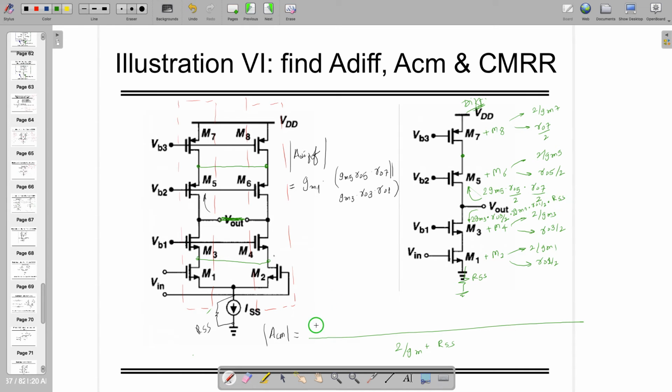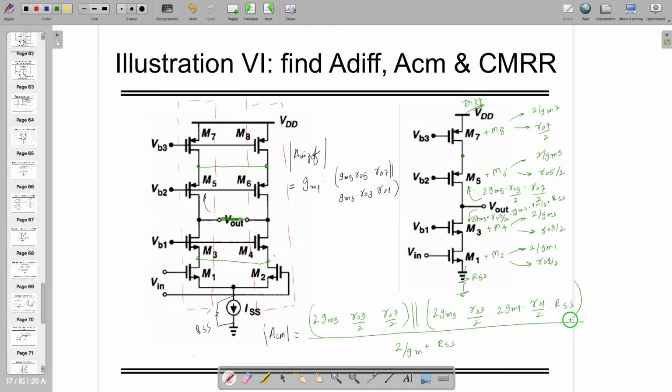So I can write down here, it's 2 gm5 times ro5 by 2 times ro7 by 2 in shunt with 2 gm3 times ro3 by 2 times 2 gm1 times ro1 by 2 times rss.